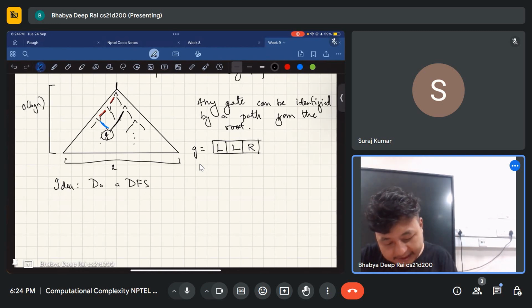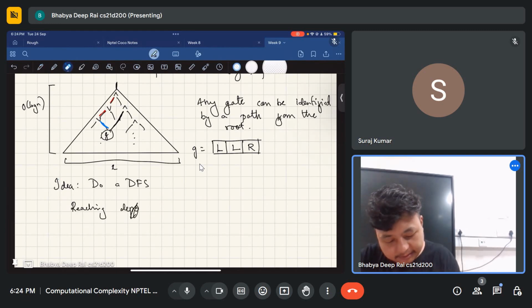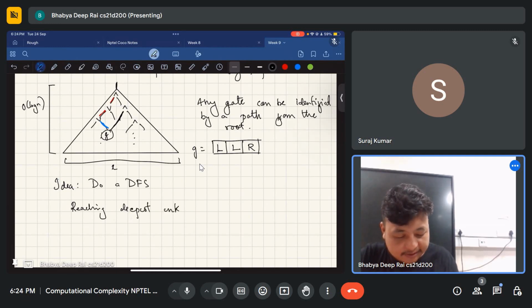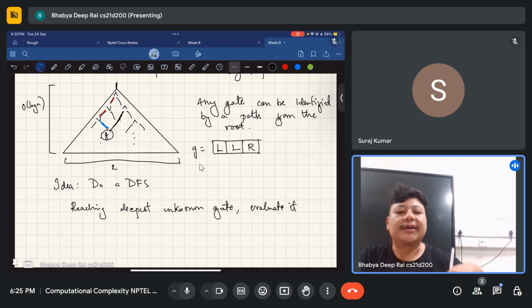Do a DFS, and on reaching the deepest unknown gate, unevaluated gate, whatever, evaluate it. But how do I evaluate it again?